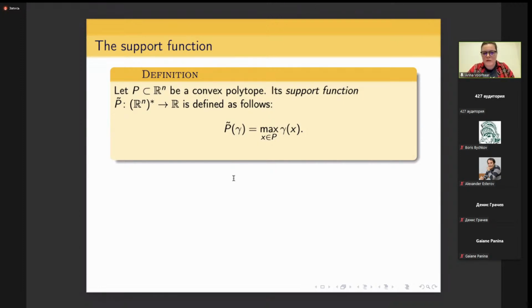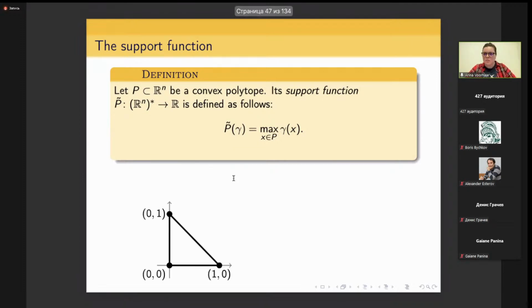Suppose we have a convex polytope in R^n. Then its support function takes as input a covector from the dual space, and as output gives you the maximum that this function attains on the polytope.